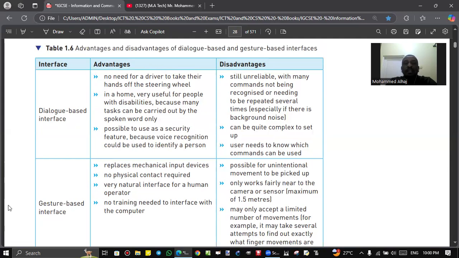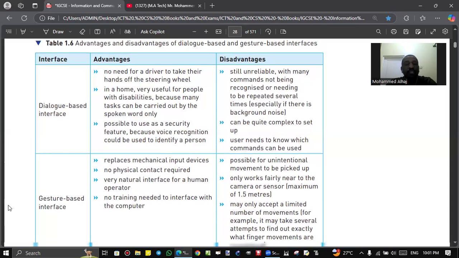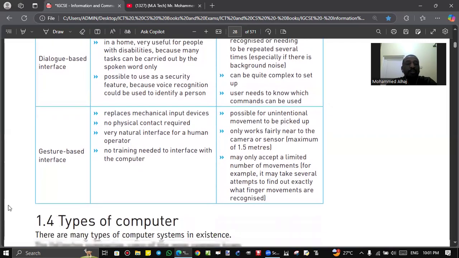However, it is still unreliable, with many commands not being recognized or needing to be repeated several times. Sometimes if your voice is not clear, the system will not accept it, and you need to keep repeating.